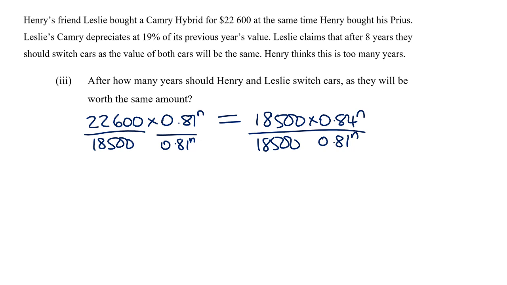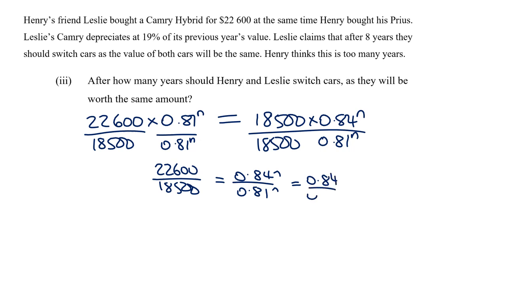So that turns into a statement that is 2,600 divided by 18,500, and that equals 0.84 to the power of n over 0.81 to the power of n. Okay? Because they're both to the power of n, what you can say is that is actually the same as that over that, to the power of n.